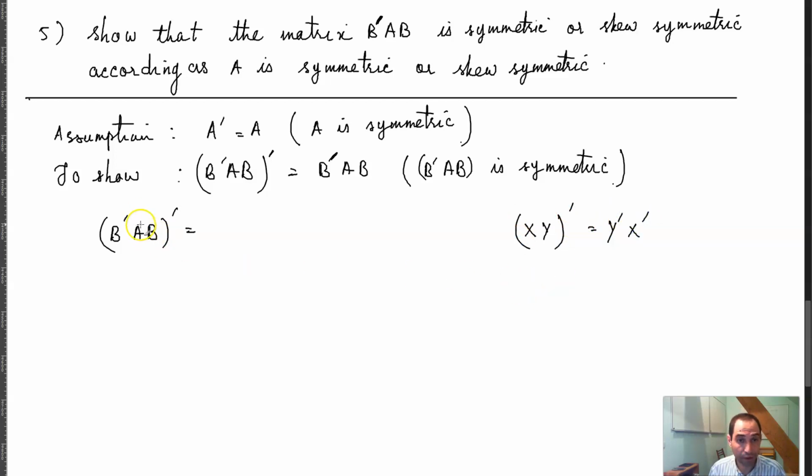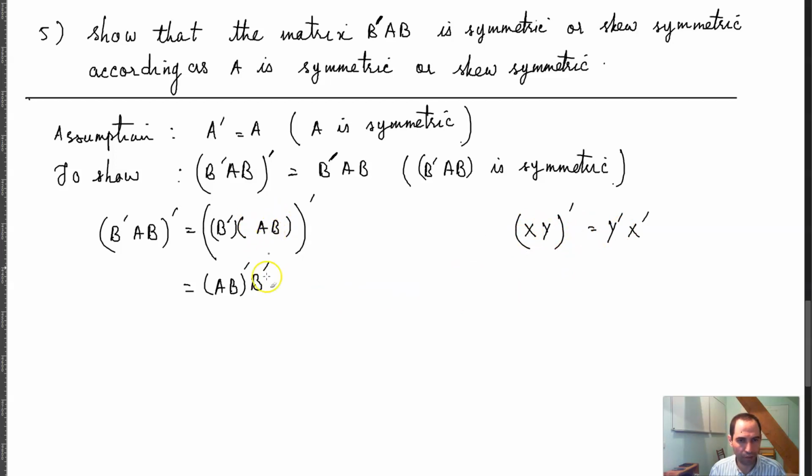So I have to take this as two matrices multiplied together, multiplied by another matrix, meaning that I can write it as B prime times AB, and take the transpose of the whole thing, and that would be equal to (AB) whole prime times (B prime) whole prime, because of this, right?